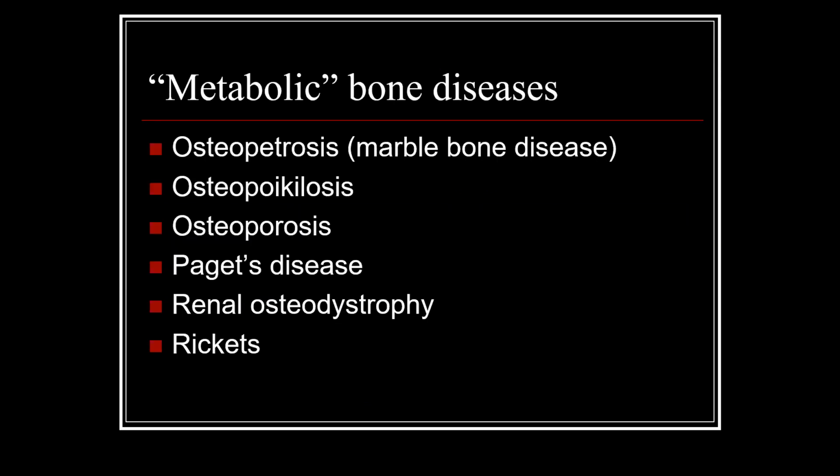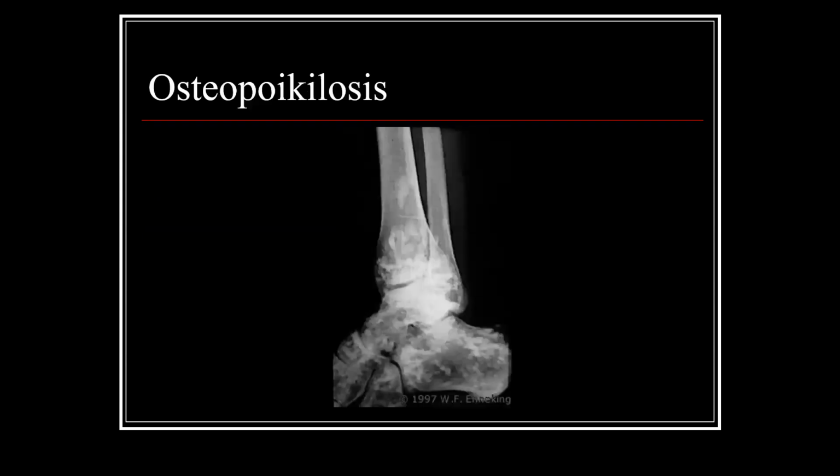Well, there are other metabolic bone diseases which can present with differing patterns of ossification. And these are listed here: osteopetrosis, marble bone disease, osteopoikilosis, osteoporosis, very common, Paget's disease of bone, renal osteodystrophy, rickets, and so forth. Here is the image that we saw earlier, which is in fact an example of osteopoikilosis.